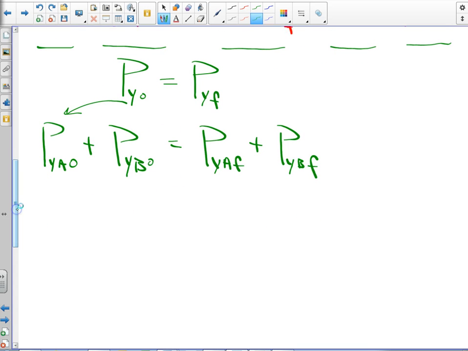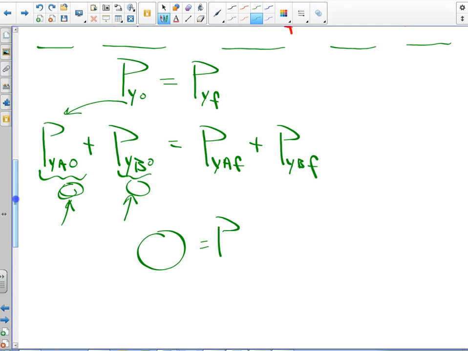Well, like we said, this and this are 0. This one because it's stationary, this one because it's moving horizontally and not vertically at all, so there's no y component to its initial velocity, therefore 0 y component for its initial momentum. So I have a situation where 0 is equal to that plus that.